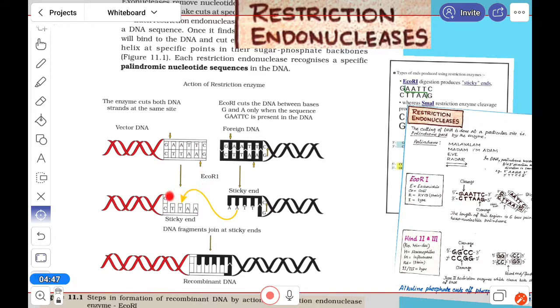Suppose EcoRI cuts, so the sticky end will form. And the foreign DNA which has to fit here must have the same complementary sequence, as well as the sticky end, so that it can form the recombinant DNA or rDNA.